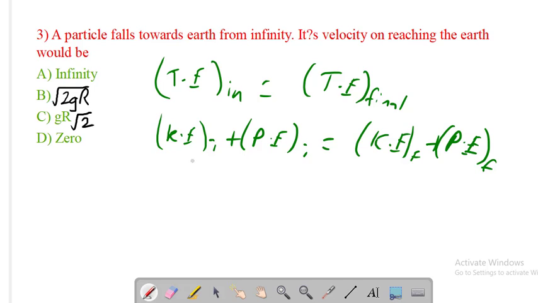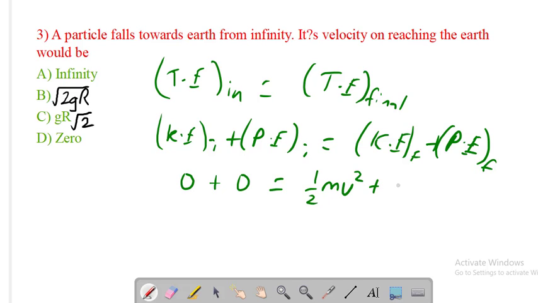Now we assume the particle is starting from rest, so the kinetic energy is 0, and as we go away from the Earth the potential energy increases, and because it is coming from infinity, it is 0. So we are left with kinetic energy final. Let us assume this is given by half mv square. Let the final velocity be v.